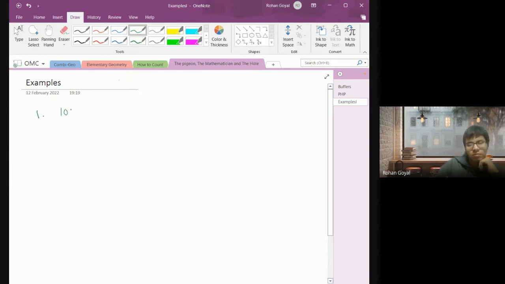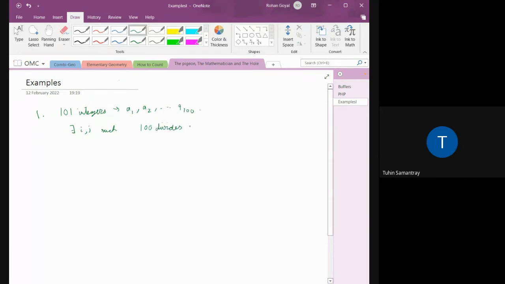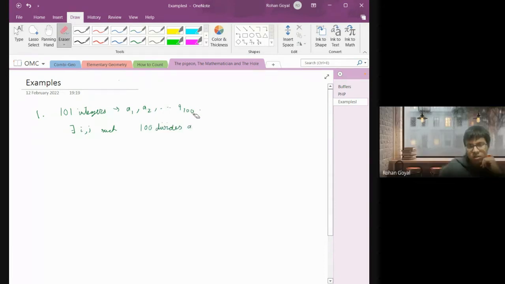You have 101 integers, A1, A2, ..., A101. Prove there exist i, j such that 100 divides Ai minus Aj.